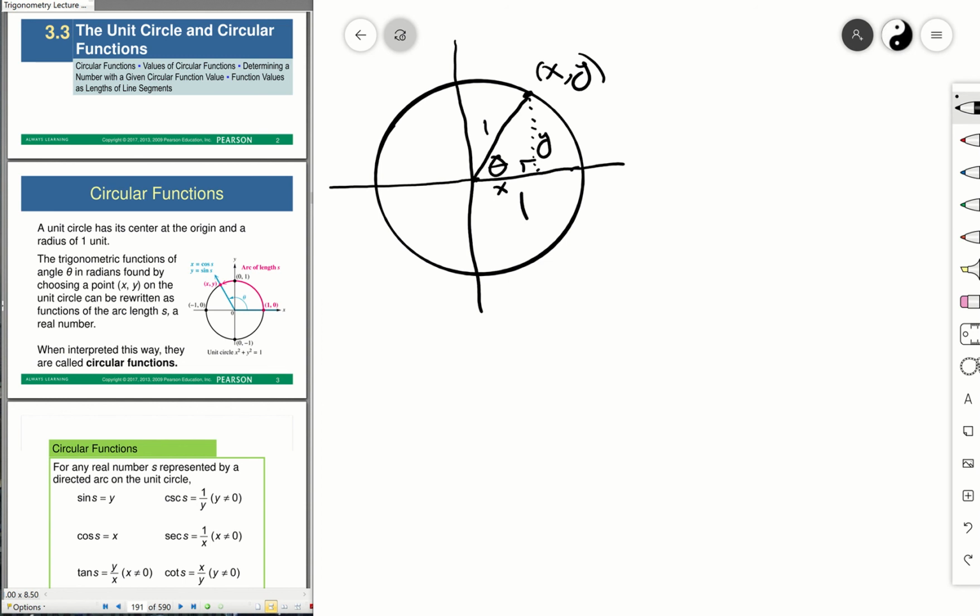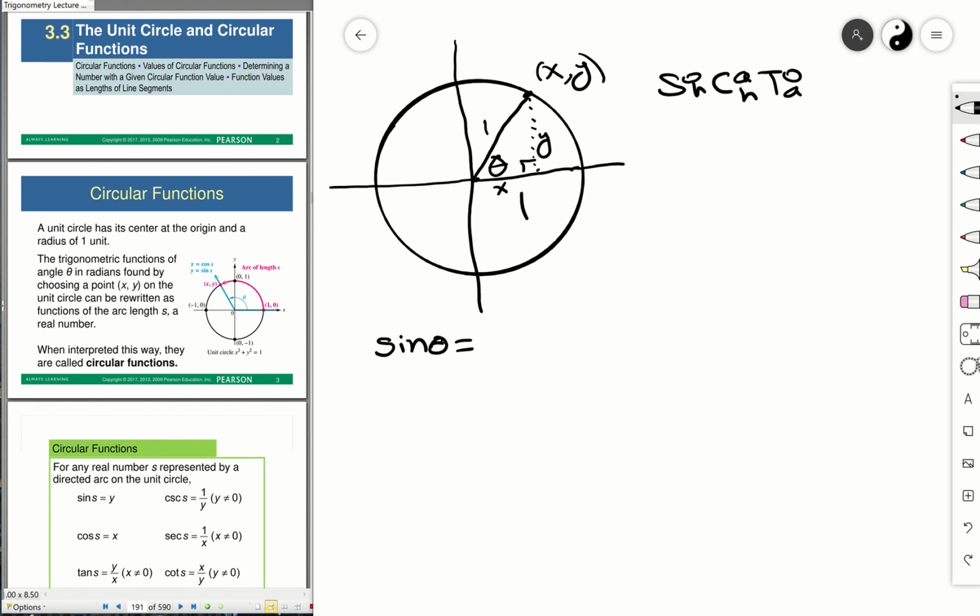happen. Notice that in this setup, if we look at the sine of the angle theta, remember we use the mnemonic SOH CAH TOA. So the sine is opposite over hypotenuse, the cosine is adjacent over hypotenuse, and the tangent is opposite over adjacent.